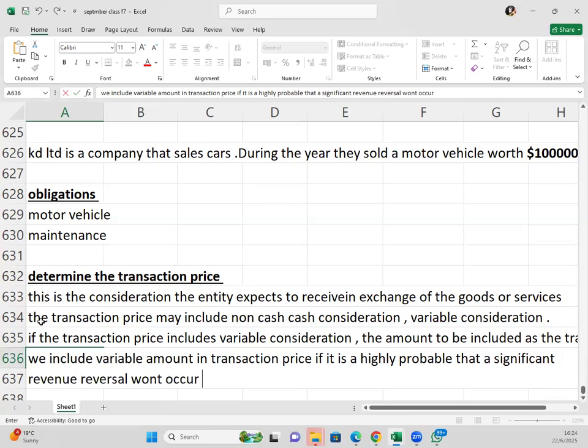So we are not sure of the actual amount we are going to receive.